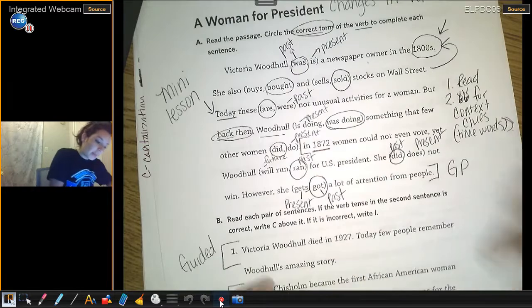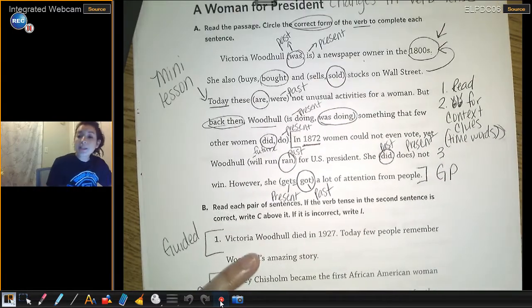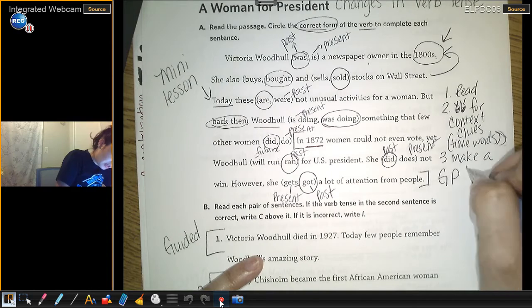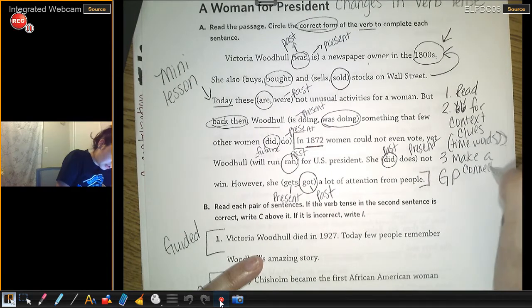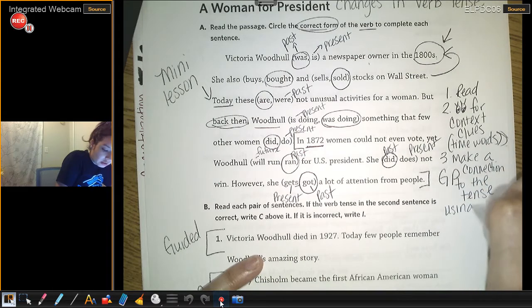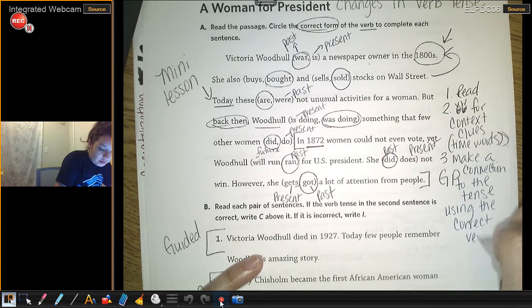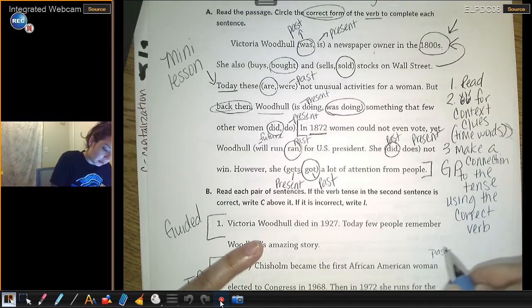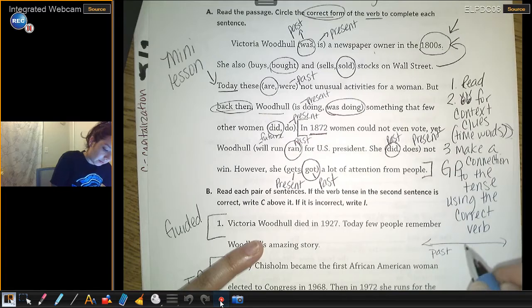And then 3, you want to make a connection to the tense using the correct verb. Okay? And you're choosing between past, present, and future.